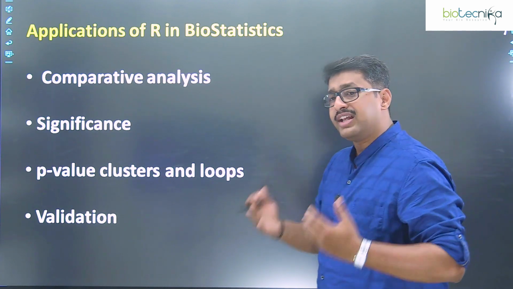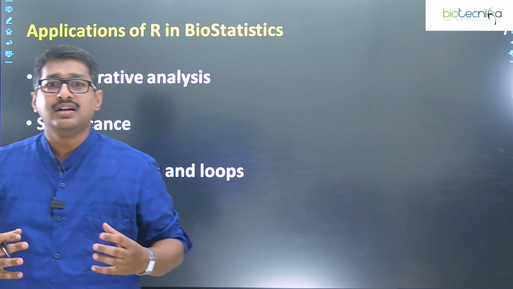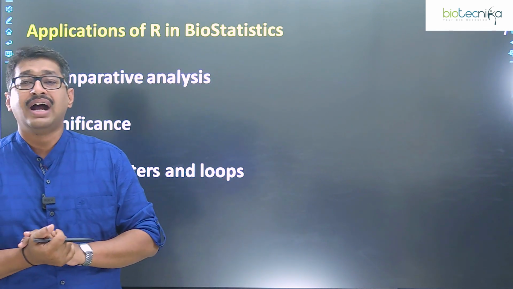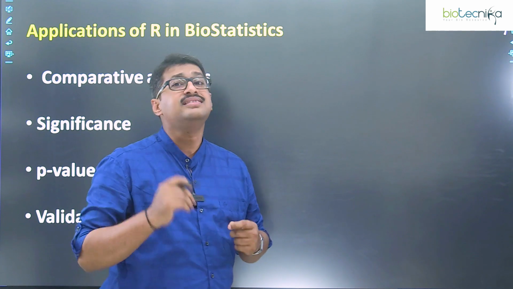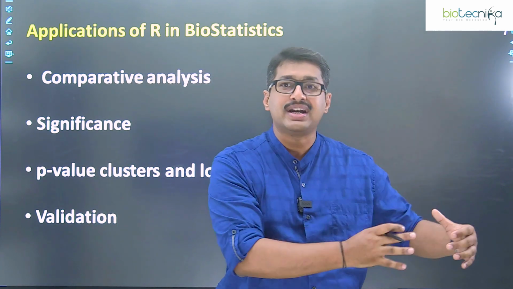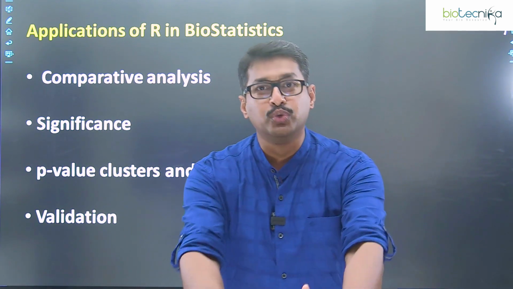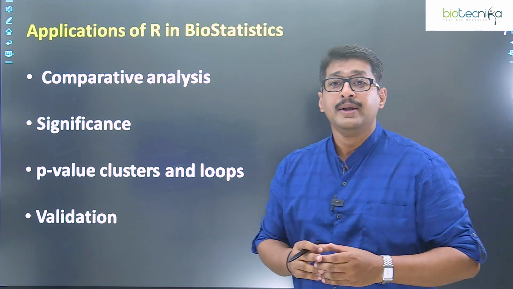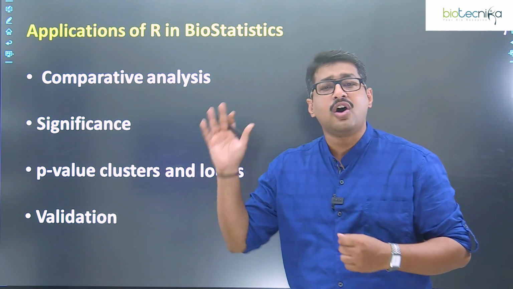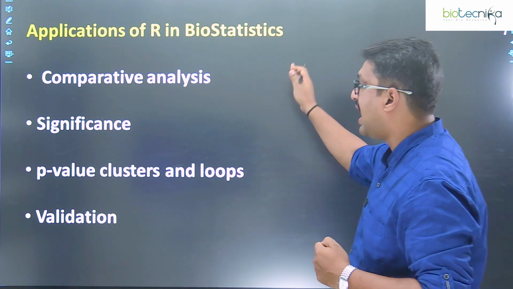Now, before I go into the bioinformatic component of it, R is basically used for understanding biostatistics. In the beginning of the video, I told you it was a program created by statisticians for statisticians. So in terms of biostatistics, a lot of biostatistic data is now being analyzed with the R program.